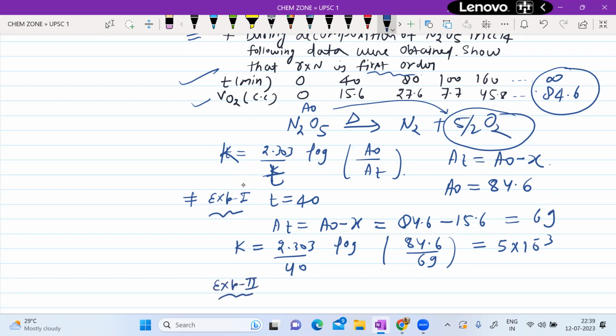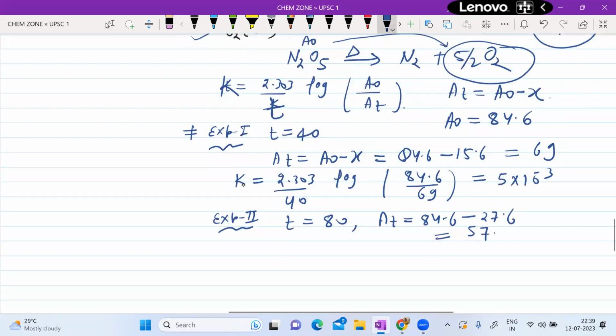Similarly, if you take experiment 2, you'll find that after 80 minutes, At can be calculated as 84.6 minus 27.6, which is equal to 57.